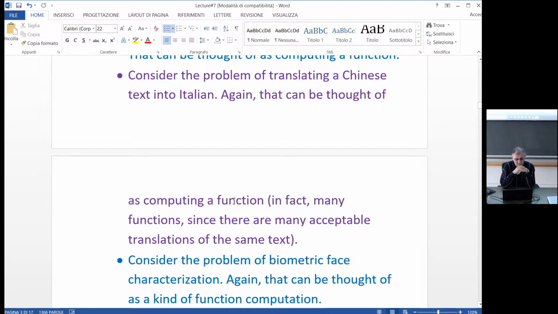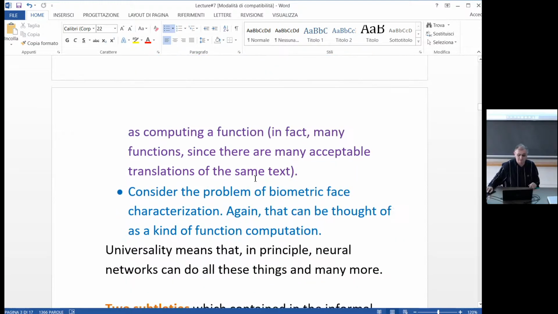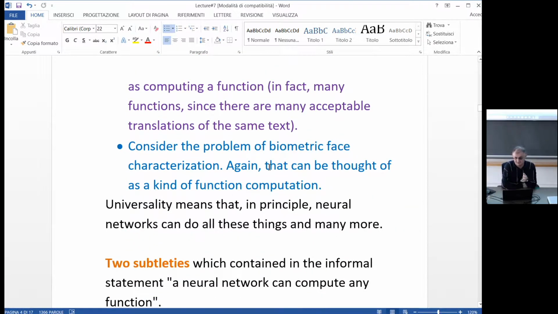In fact, many functions, since there are many acceptable translations of the same text. Consider the problem of geometric phase characterization. It is also a kind of function, the computation of some function.